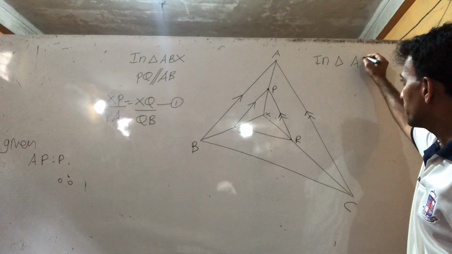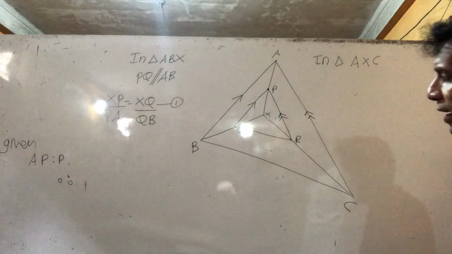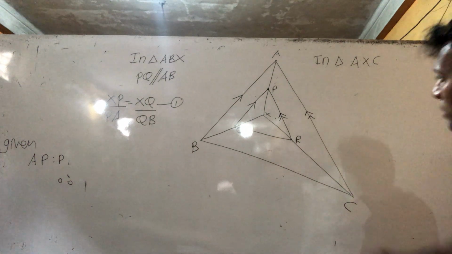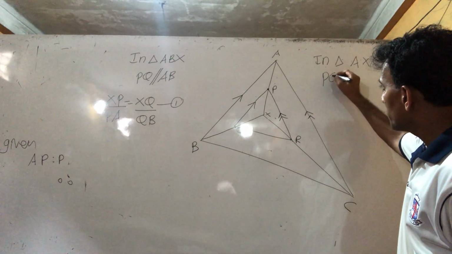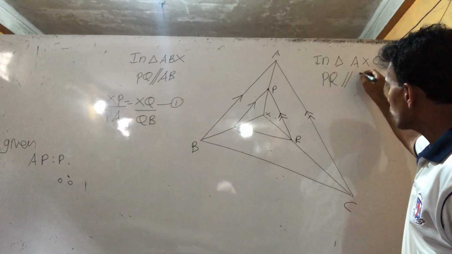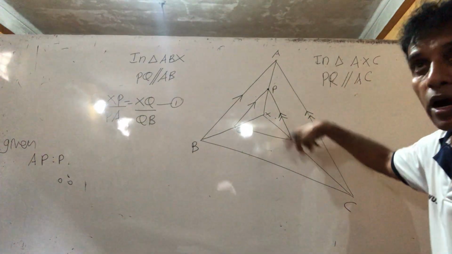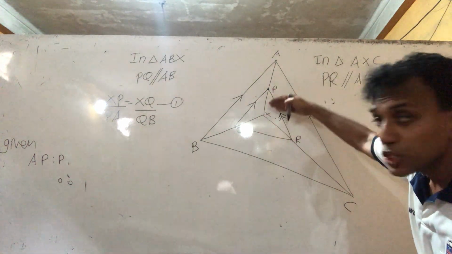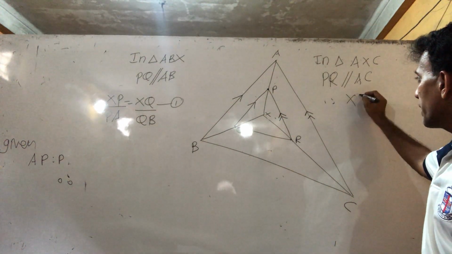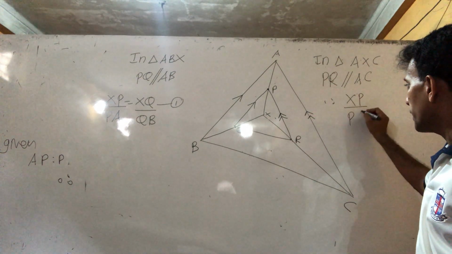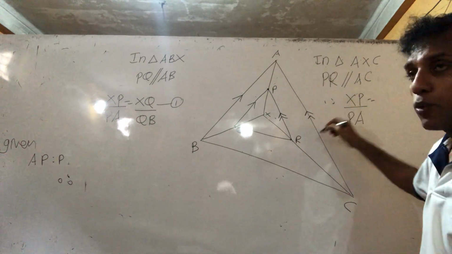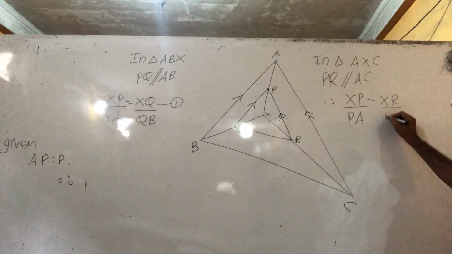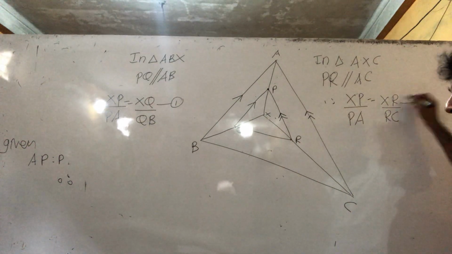In triangle AXC, PR is parallel to AC. Therefore XP is to PA equal to XR to RC. I say number 2.